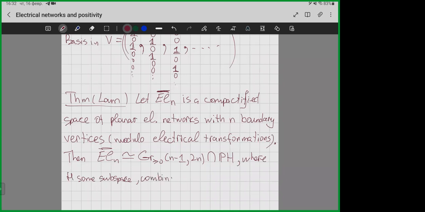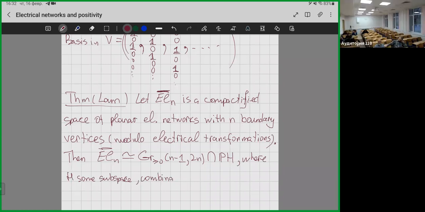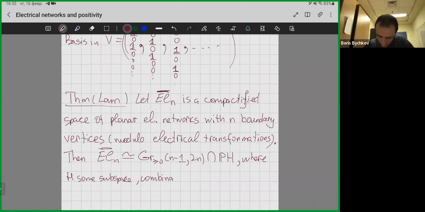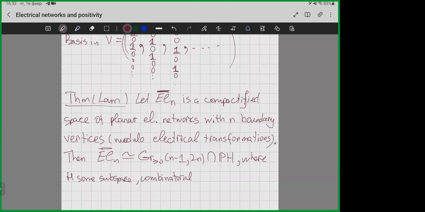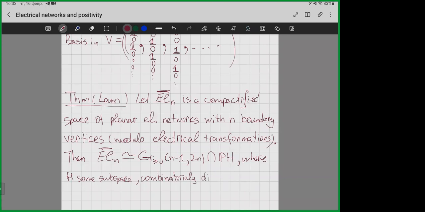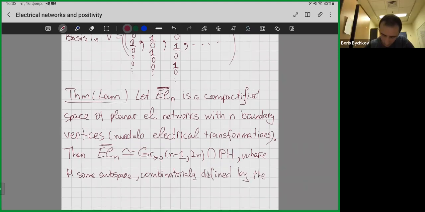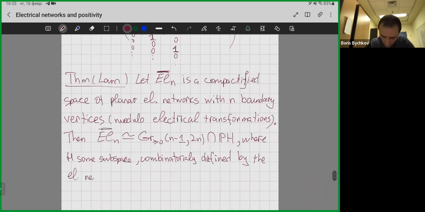Subspace of what? It's a subspace of R to n. What is its dimension? How can a Grassmannian intersect R to n? Not R to n, R n-1 combinatorially. A Grassmannian cannot intersect R. Of course, it is defined by the electrical network.